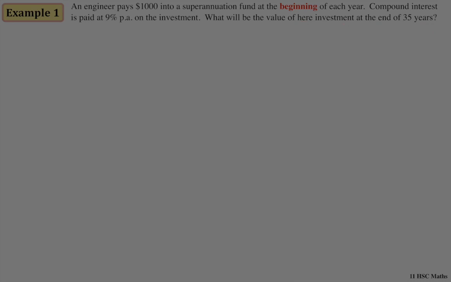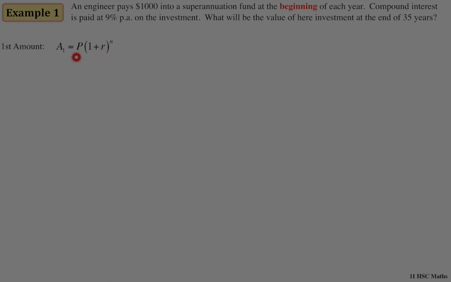Before we do this, we need to know what the compound interest formula is. The compound interest formula is given to us as A = P(1 + R)^N. The first amount of money that he puts in is $1,000. The interest rate's 9%, but what's 9% as a decimal? 9 divided by 100 is 0.09, and we add that to 1 and you get 1.09.